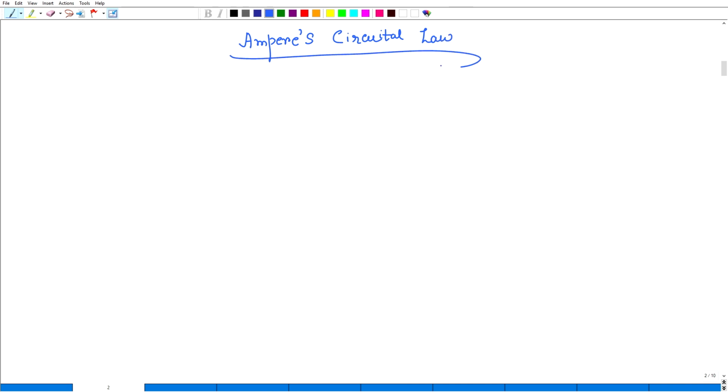Ampere's Circuital Law is basically a chapter of electromagnetism, but in this context we need to understand this law. That is why I am going to discuss Ampere's Circuital Law.